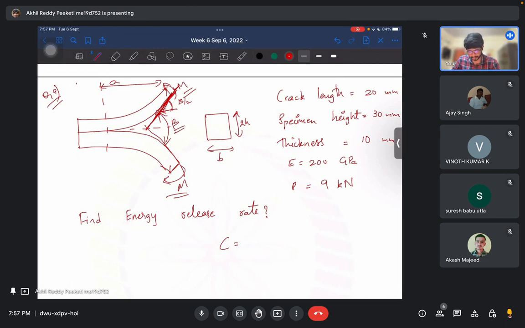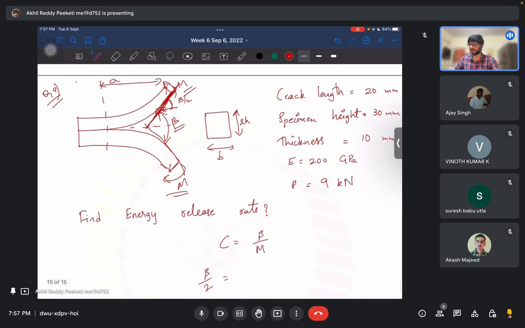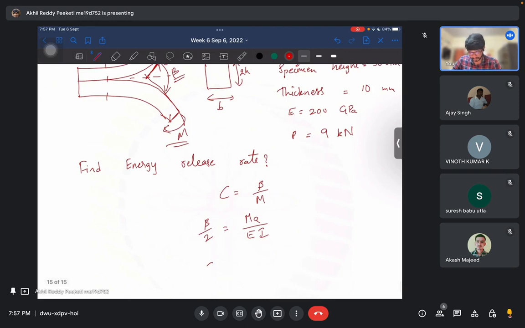So C would be beta by M, but beta by 2, for a cantilever beam you have a direct formula, which is Ma by EI. So in this case C would become 2a by EI, which would make dC by da to be 2 by EI.